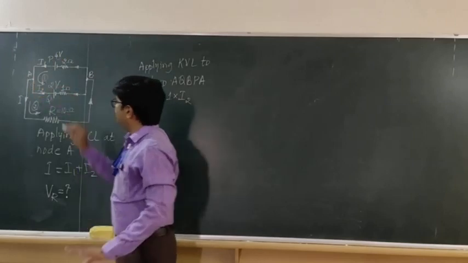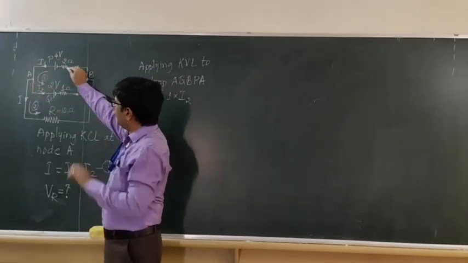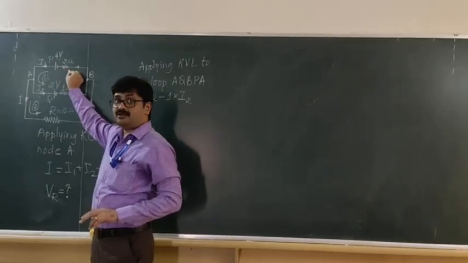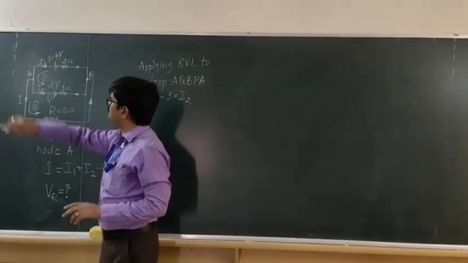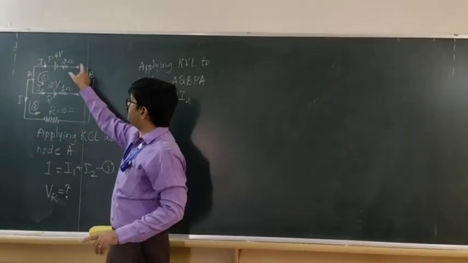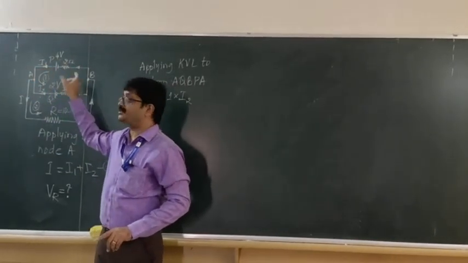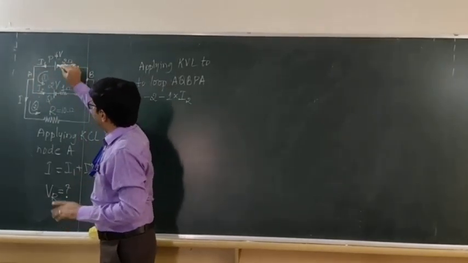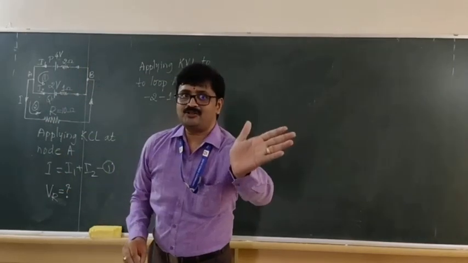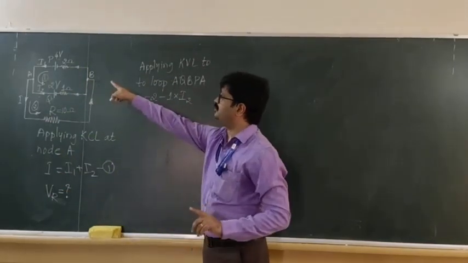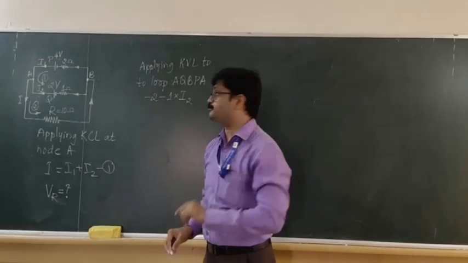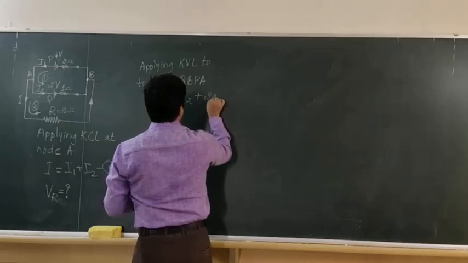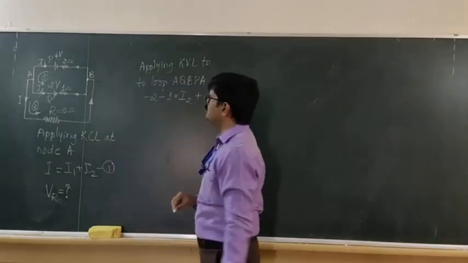Then again, next path is B to A. In this B to A path, we are encountering a cell. Before the cell, we are encountering a resistance, and the direction of traverse is B to A, and the direction of current is B to A again. So very clearly, we are moving through the resistance in the direction of the current. So that means potential difference across the resistance should be taken as positive. So hence plus 2 into I1.